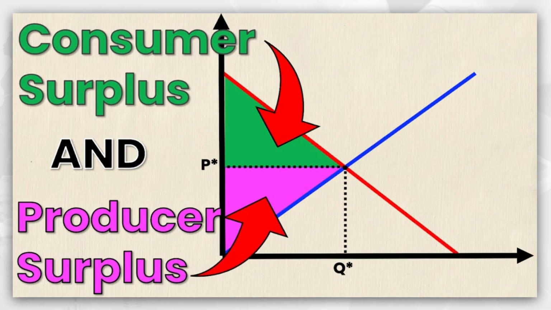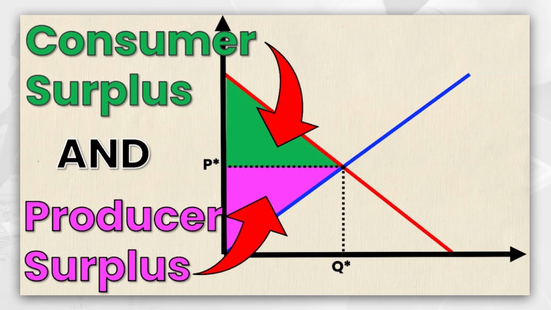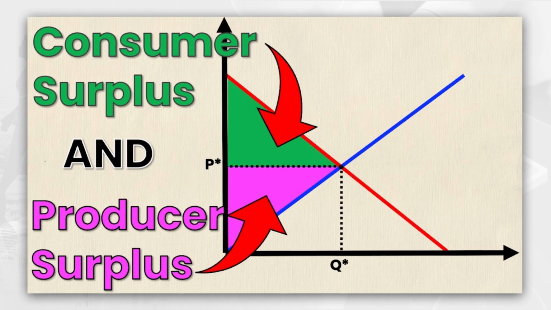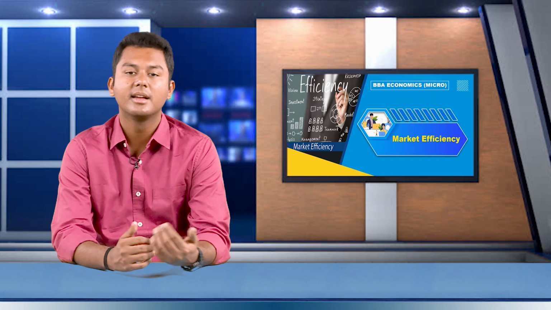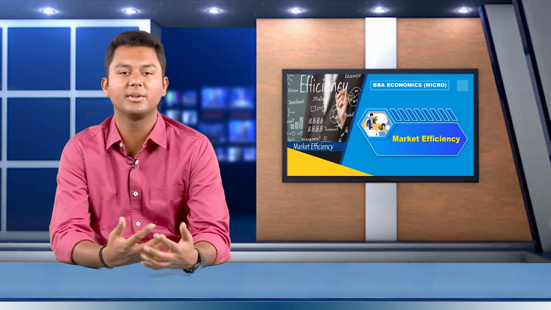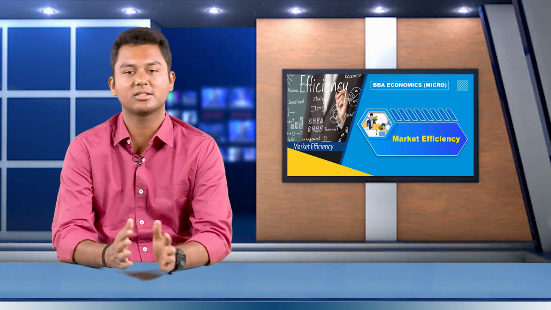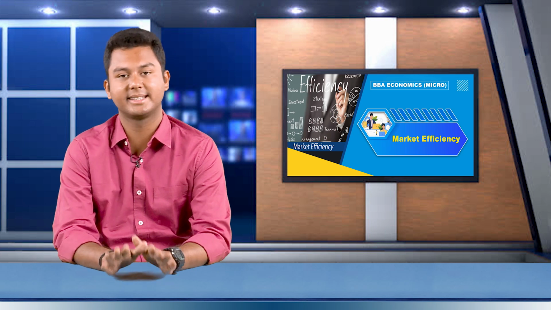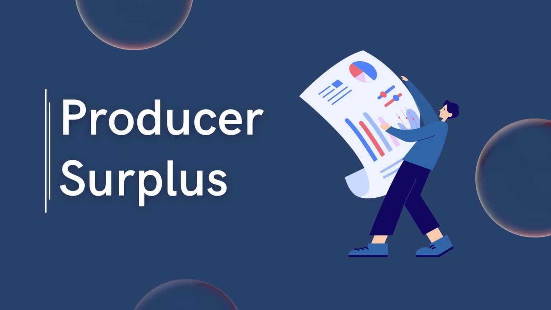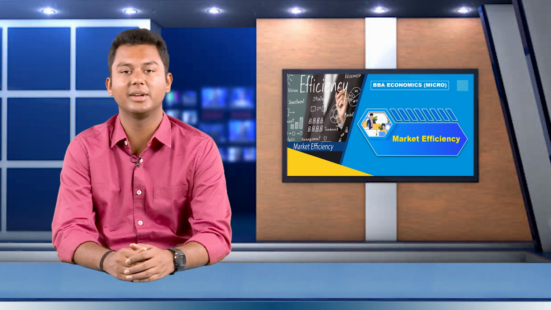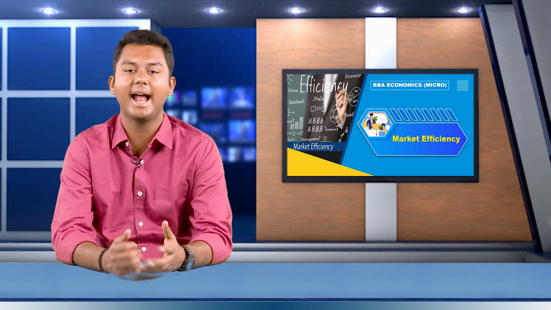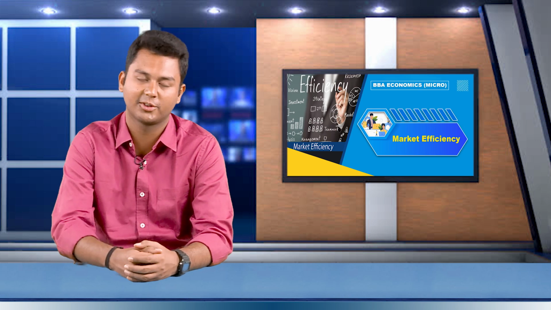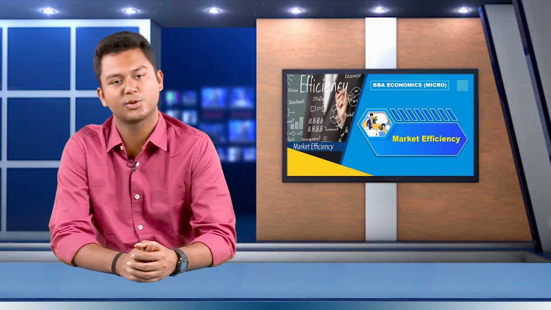To grasp this concept better, let's delve into the formulas used to calculate consumer and producer surplus. Consumer surplus is the difference between the value buyers place on a product, expressed as willingness to pay, and the actual price they pay. On the other hand, producer surplus is the difference between the price received by sellers and the production cost, that is the cost of production, which is again the willingness to sell.